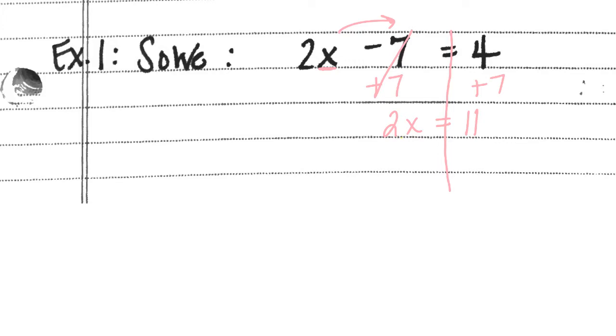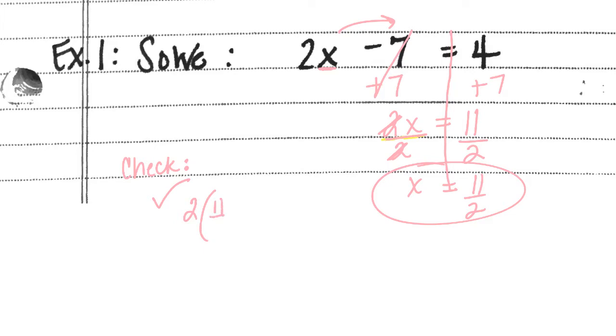Now, we are still solving for x. How is 2 connected to x? Multiplication. So we have to divide each side by 2. Do the opposite. So notice that x is equal to 11 over 2. Now, we will always want to check. I don't have the check marks here, but let's go ahead and check.